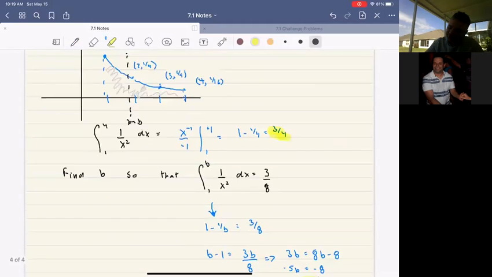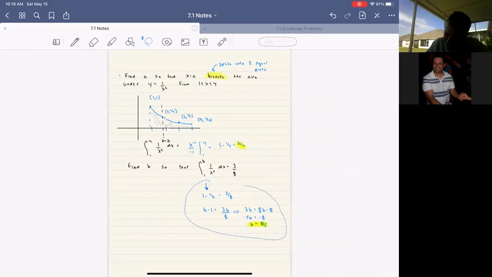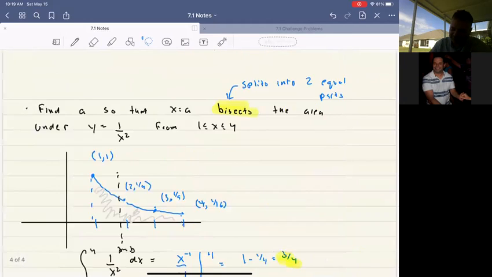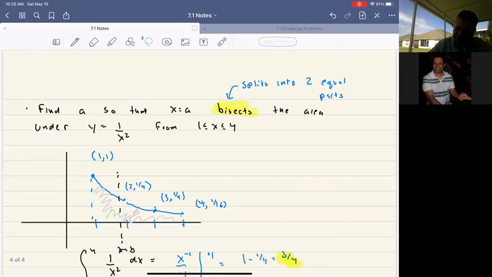All right. Let me make some space because I'm going to do another problem on here. It's a related problem, so that's why I want to do it on here. Let's see if I can make it work. Okay. We're going to do the same thing, except we're going to find, oh, I said x equals a.